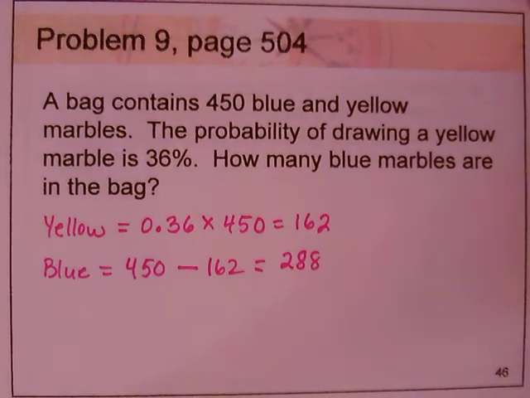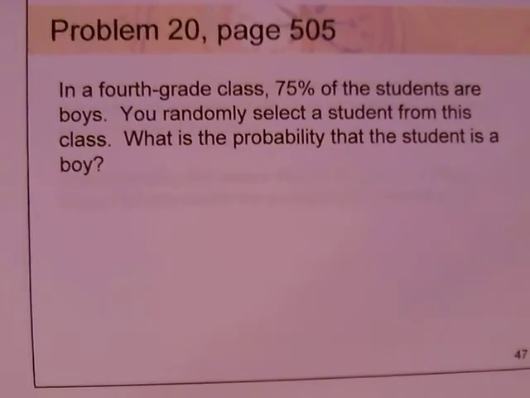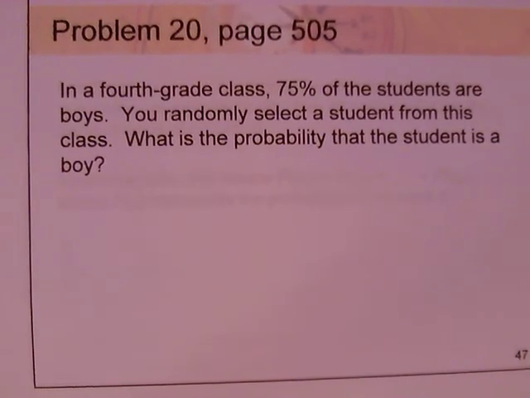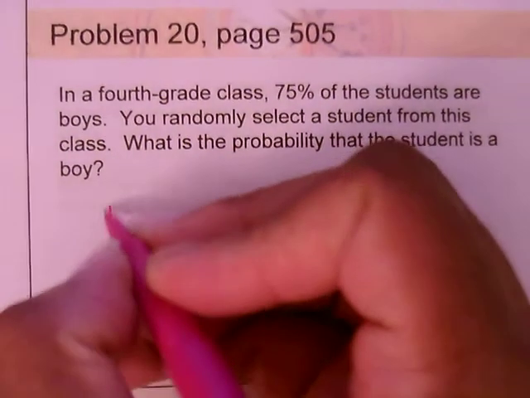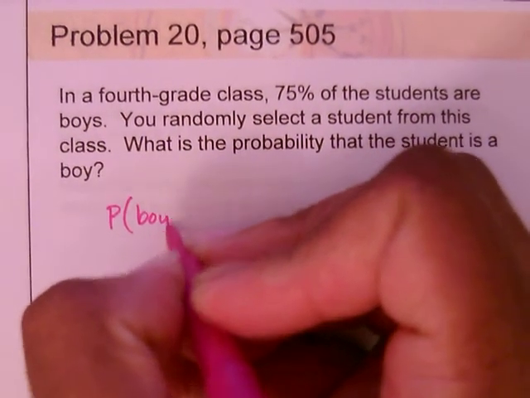All right, next we'll look at problem number 20 on page 505. In a fourth grade class, 75% of the students are boys. You randomly select a student from this class. What is the probability that the student is a boy? Well, that's already given to us here. The probability of selecting a boy.